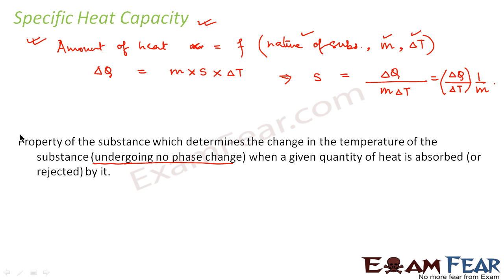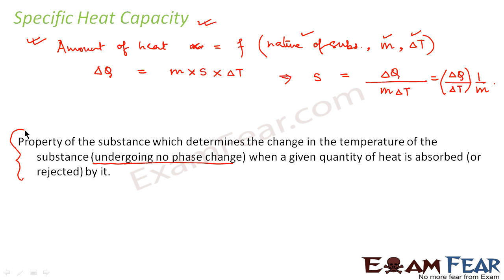That is an important point to note here. So specific heat capacity takes care of what change in temperature takes place for a substance when a certain amount of heat is absorbed or rejected by it. But a point to be noted here is that the substance does not undergo any phase change.